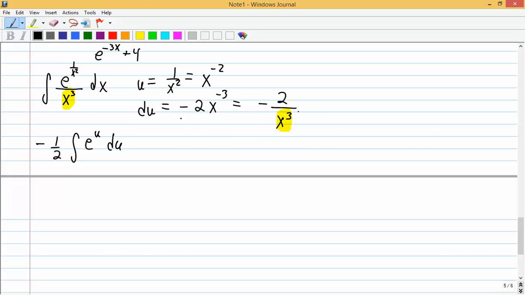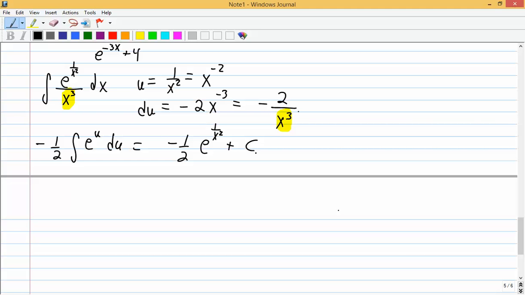Because the du contains the x to the 3rd power in the denominator, just like in your original integrand. And the integral of e to the u du is e to the u plus c. So it's negative 1/2 e to the, what's your u? That 1 over x squared plus c.